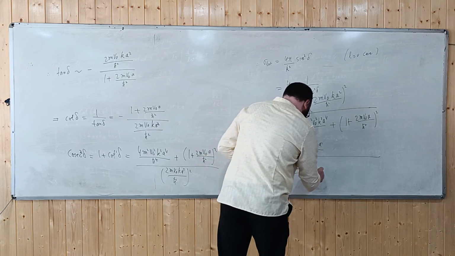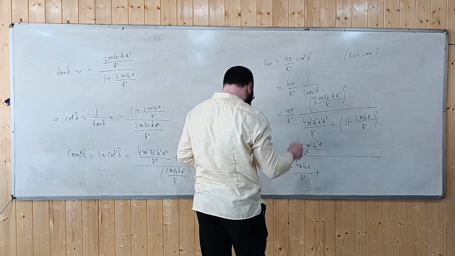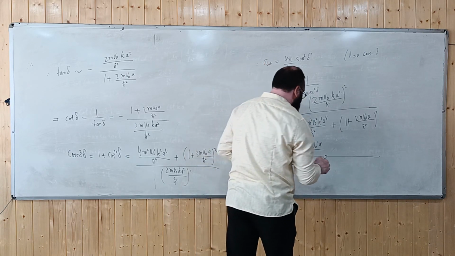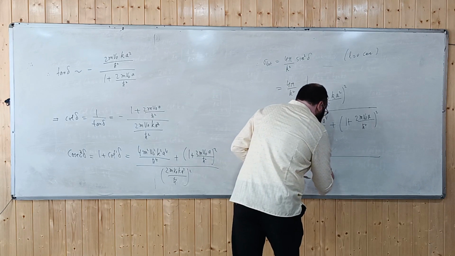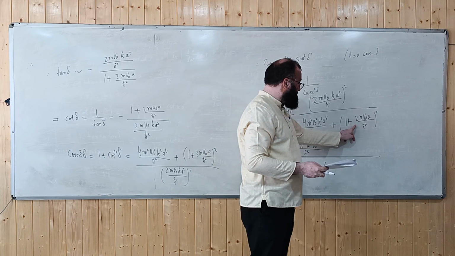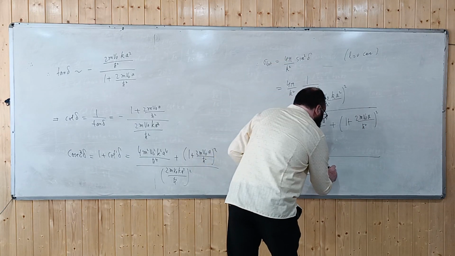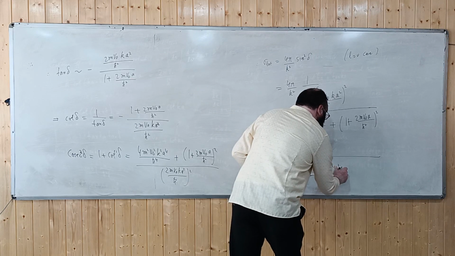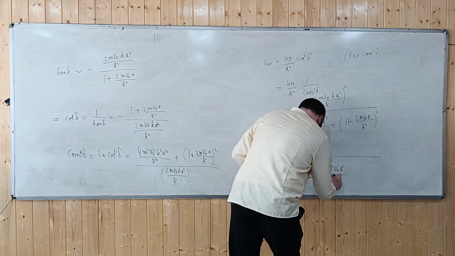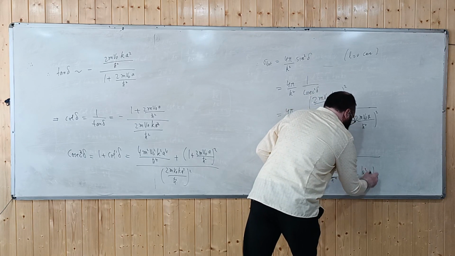square plus 4 m square v naught square, let me write, m square v naught square. So it's 1 plus twice a b. Then you are having 4 m square v naught square a square divided by h cross raised to the power 4, into 1 plus k square a square.